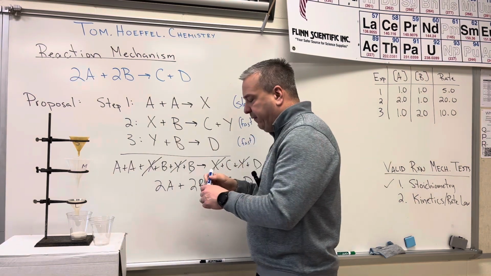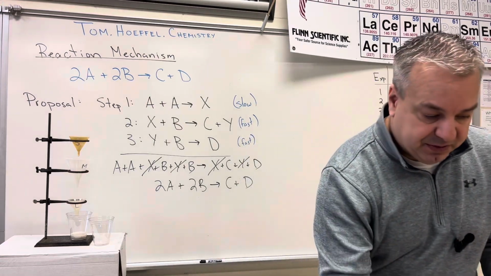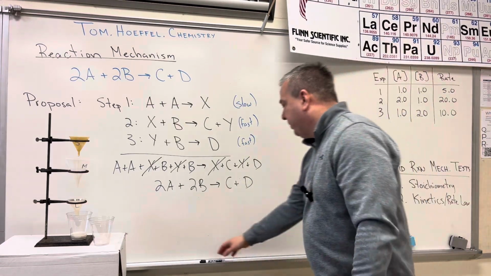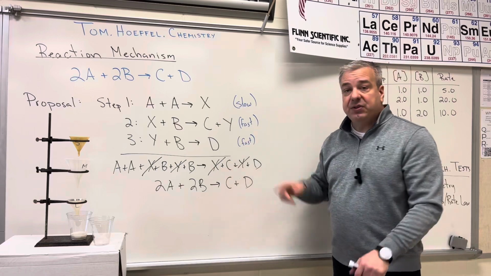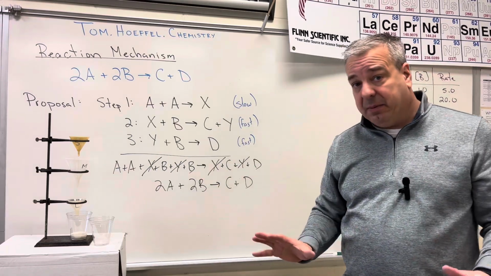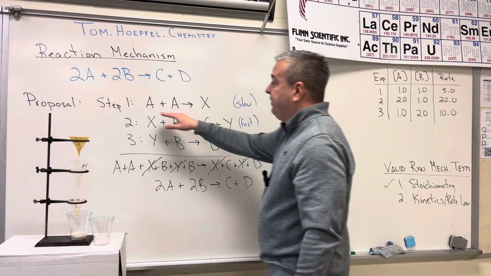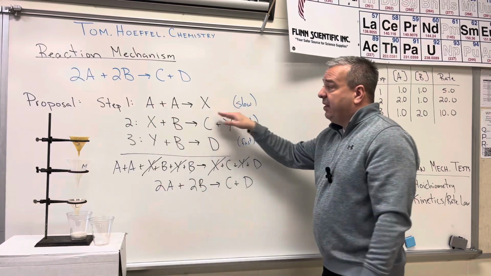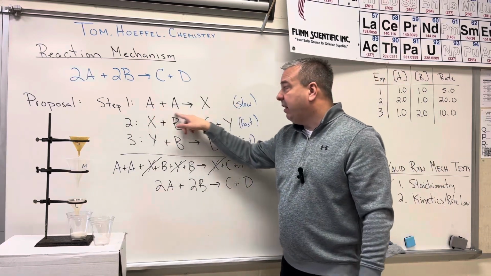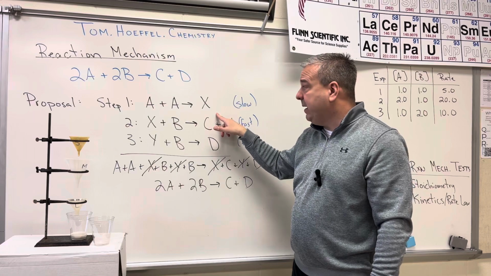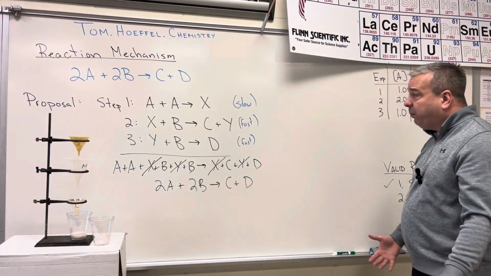This is the first of two problems that we're going to do. Slow, fast, fast is the easiest problem to do, because if this is the slow step, all we have to do is compare the rate law of this particular equation to the overall rate law, okay?